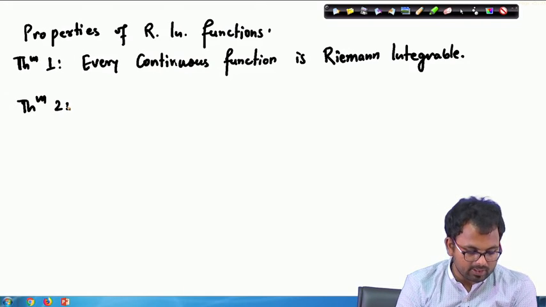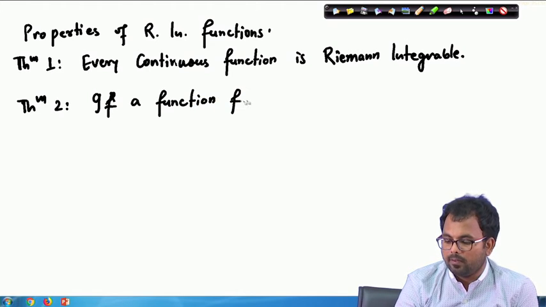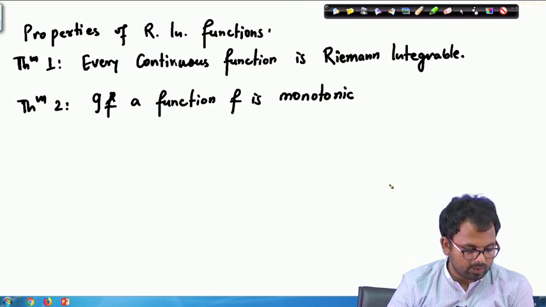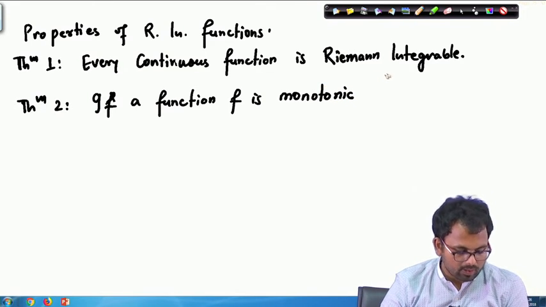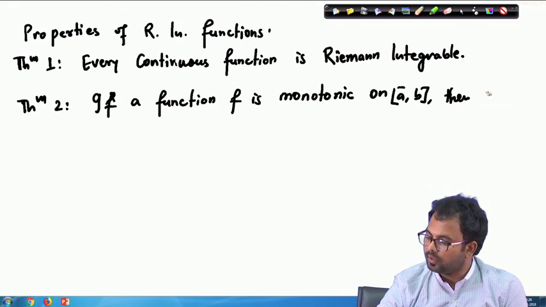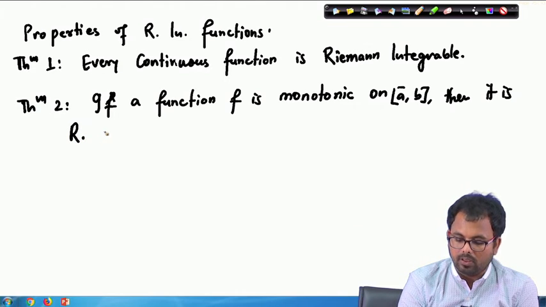The second property is: if a function f is monotonic on the closed interval a, b, then it is Riemann integrable.